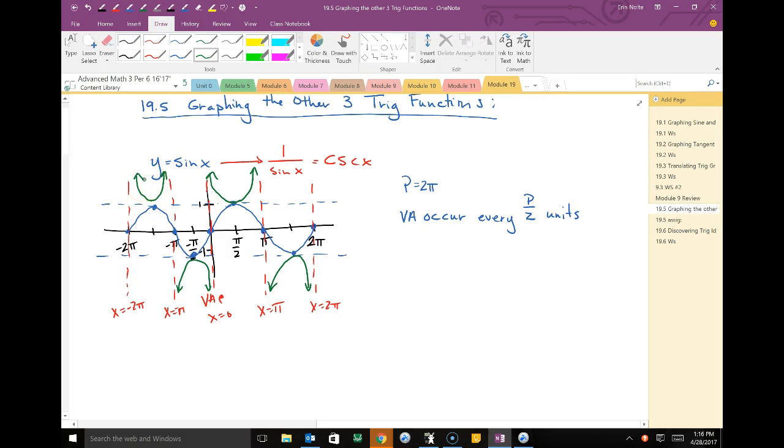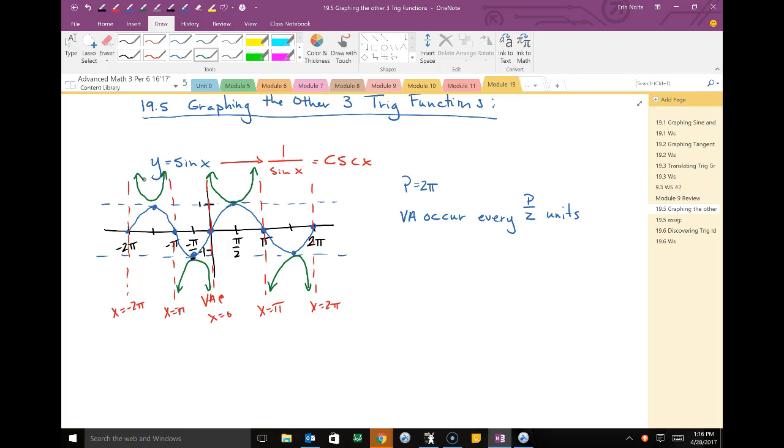If you were going to describe a cosecant function, how would you describe it? Just those green things. What do those look like to you? They look like parabolas.